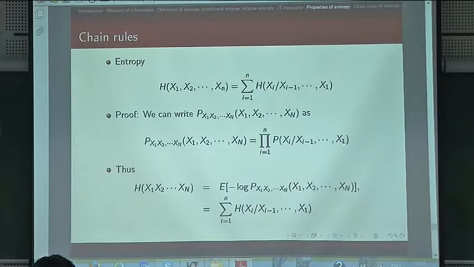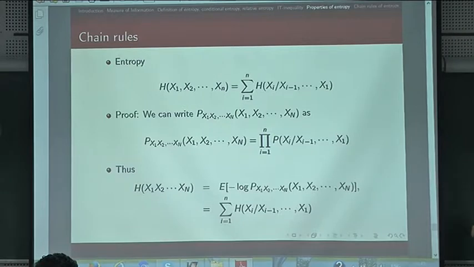This is the only equation that all the next 3 slides rely on. That is, the joint probability of events x1 to xn can be written as the product of conditional probabilities. And what are those conditional probabilities? It says product i equals 1 to n of p(xi given xi minus 1 to x1).